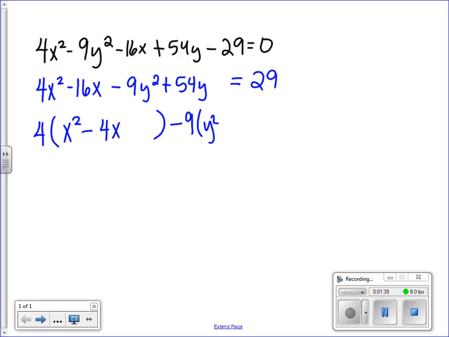So that's going to leave me y squared minus, yes, minus 6y. Why did that go from a plus 54 to a minus 6? Yes, I divided by a negative 9.